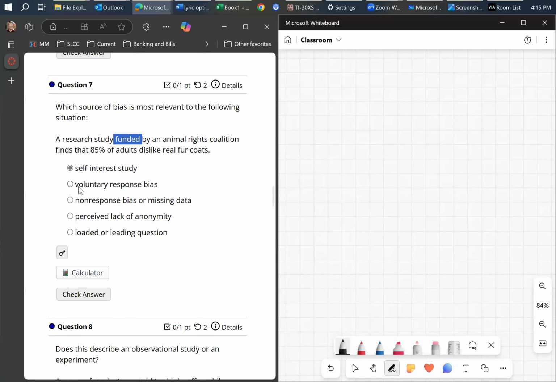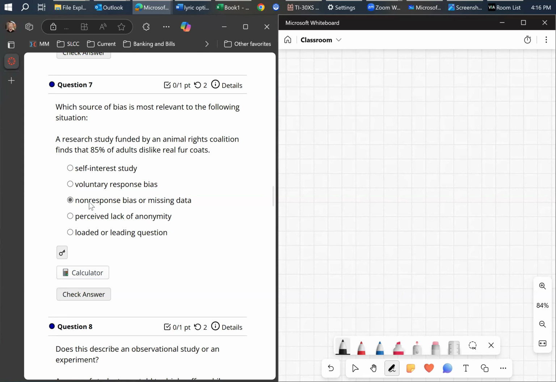And the other ones are in here. Voluntary response is when people choose to respond. It could be a 1-900 number where they are paying money so that they can vote for, I don't know, TV, who wins the competition, or Rate My Professor. That is a voluntary response situation. Non-response bias or missing data is, for example, a telephone poll.